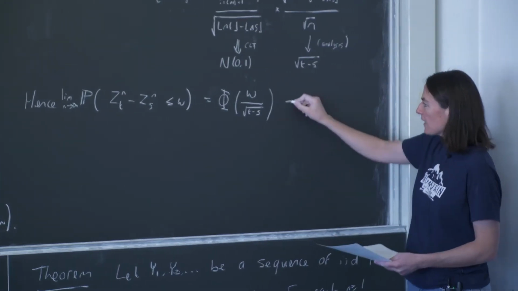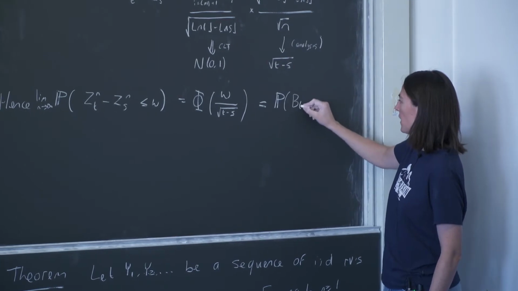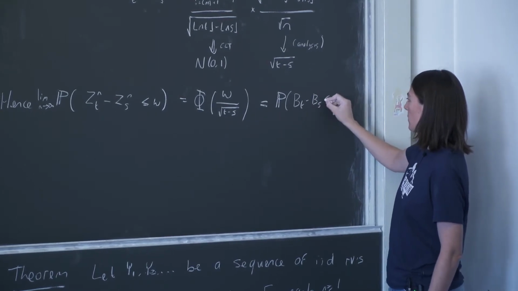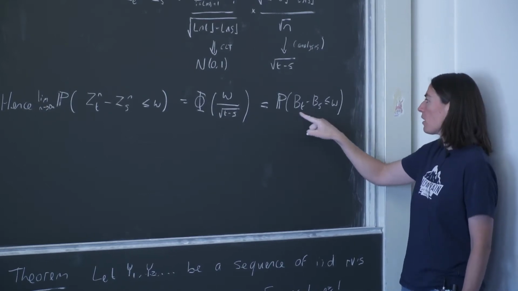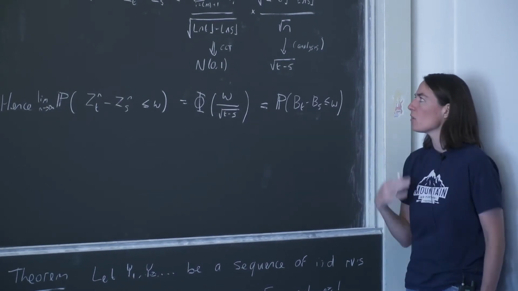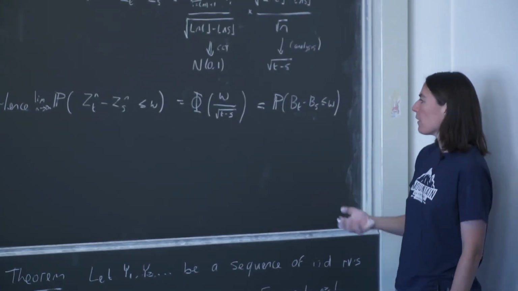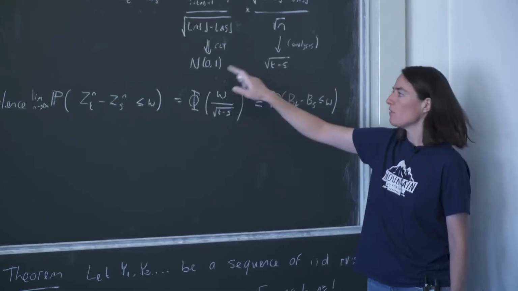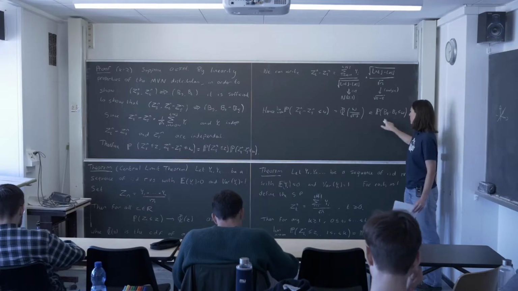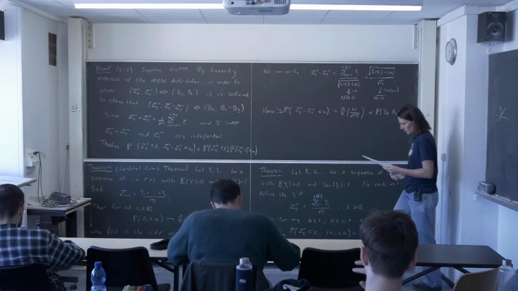But this is exactly equal to the distribution function of Bt minus Bs being less than or equal to w. Because by properties of Brownian motion, we know that Bt minus Bs is a normal random variable with mean 0 and variance t minus s, and so that means we can write it as the square root of t minus s times a normal 0, 1 random variable. And so this just follows directly from properties of Brownian motion.